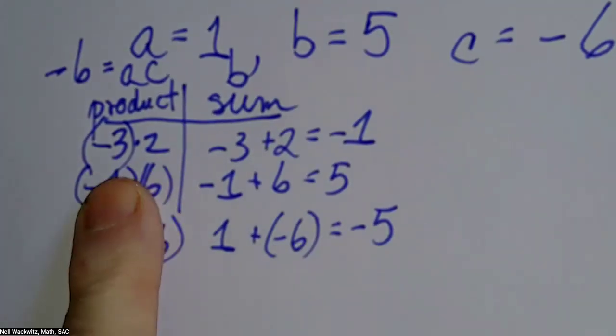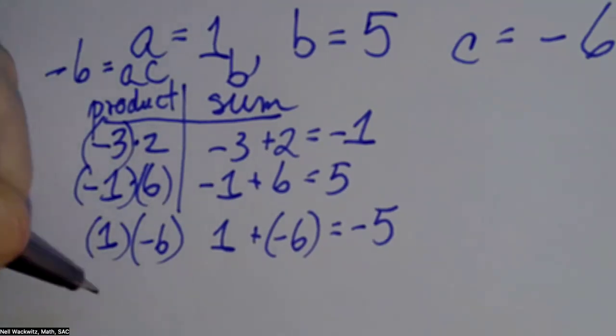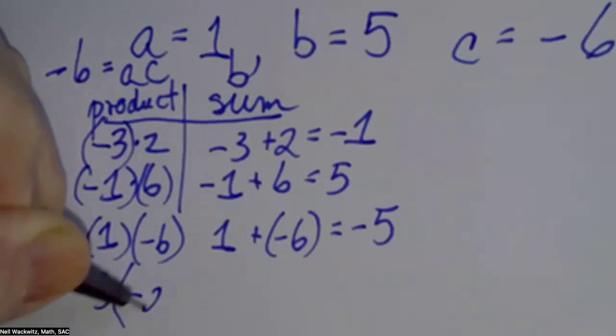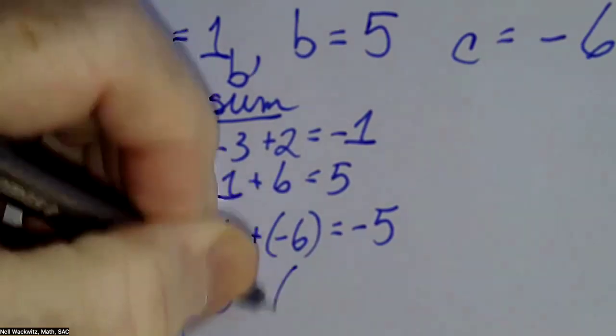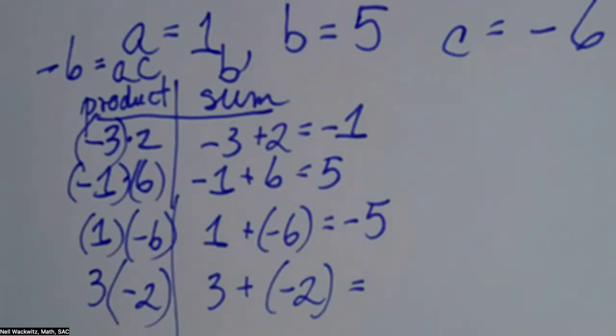And how else can I assign a negative so that 3 times 2 gives me negative 6? Negative 2 times 3. Good. And 3 plus negative 2 is 1.